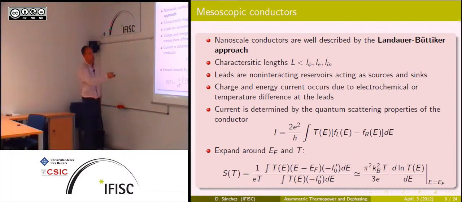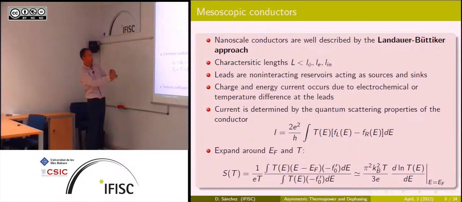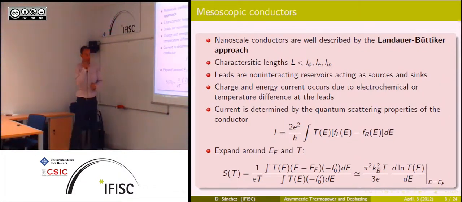Now, you expand. You now have, as before, the left lead. We apply some voltage and some temperature. So we expand this around equilibrium, and then it is easy to see the thermopower, which is given in terms of the ratio between these two integrals.